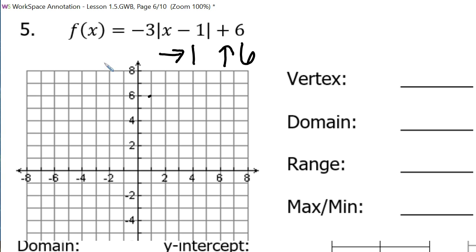Now the A value we saved for last, what's the A value? Negative 3 over 1. So if the rise is negative, do I go up or down? Down. So we need to go down 3 over 1 on both sides.